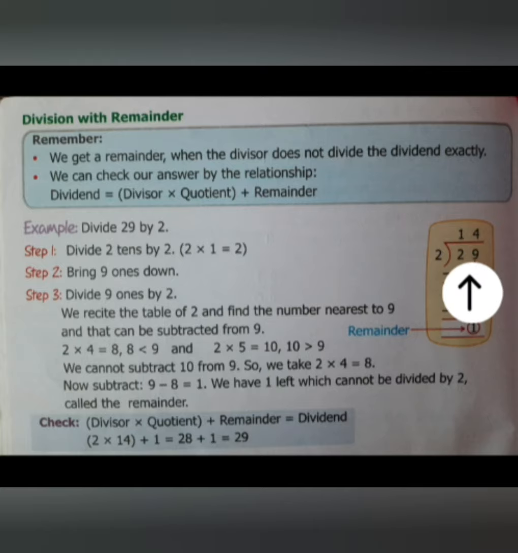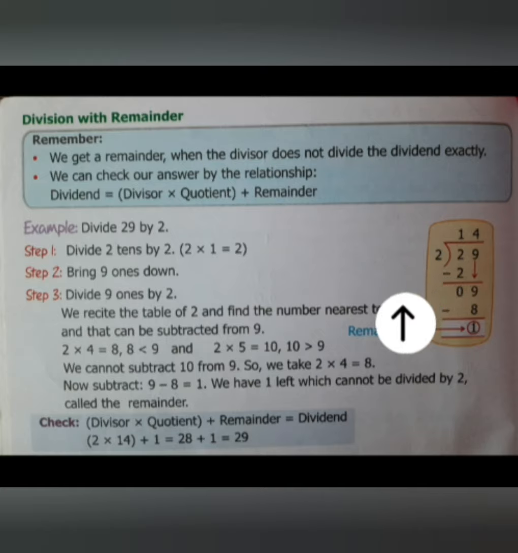Now 9 ones. This number is left. Bring down 9 here. As 9 is greater than this 2, we will see whether 9 is there in the multiplication table of 2 or not.